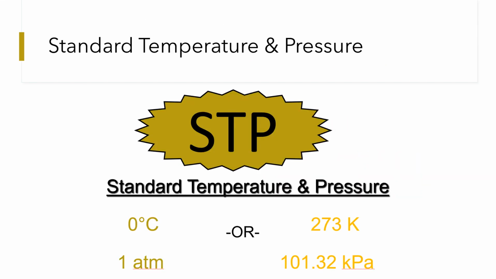Moving on to the next concept. There's a certain condition called standard temperature and pressure. I want you guys to write that down underneath your combined gas law equation: standard temperature and pressure. And in parentheses, that standard temperature and pressure is STP.